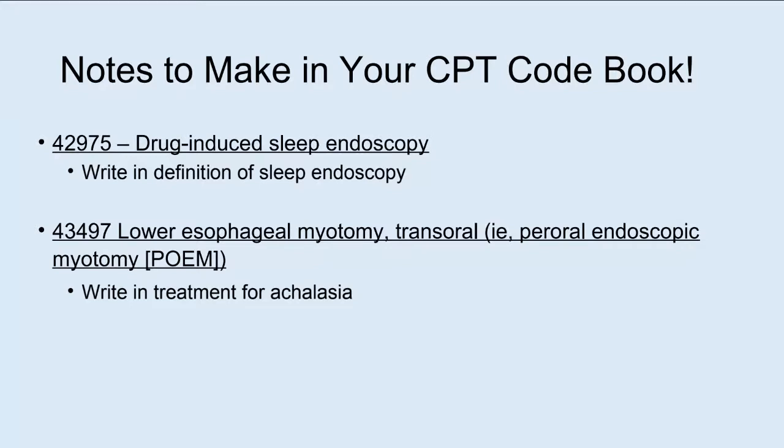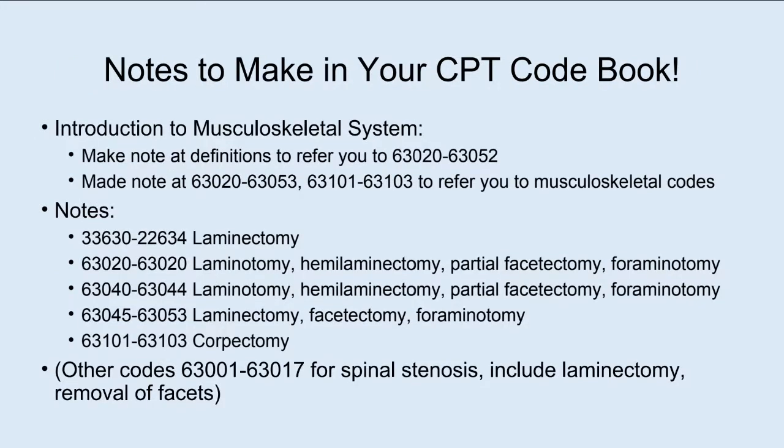You might write in that this is a treatment for achalasia. So what else might you write? Well, in the musculoskeletal system, there's some real changes. So you might make a note in the musculoskeletal section to refer you to the codes we've talked about in the nervous system. Now you might also write notes in the nervous system to refer you to the musculoskeletal system so that you have those right there.